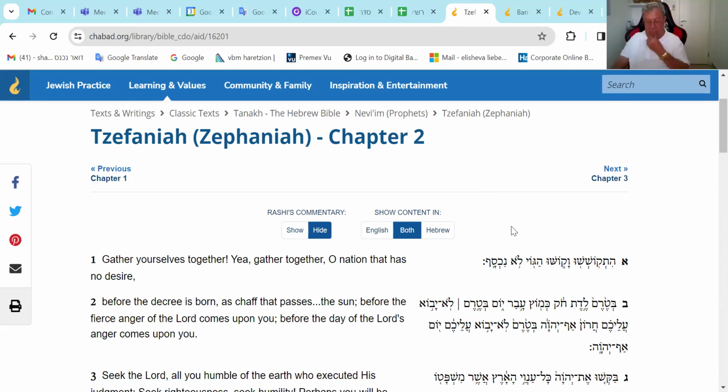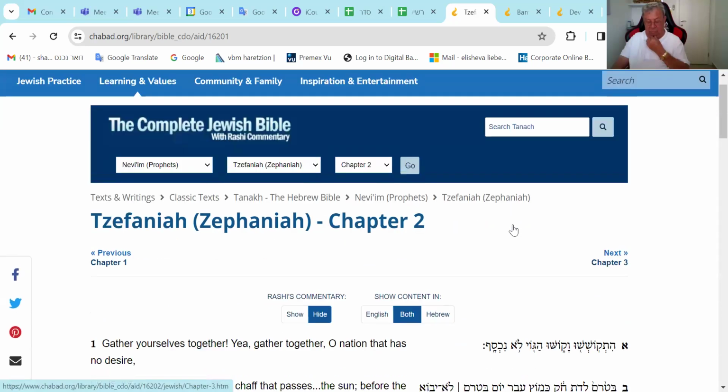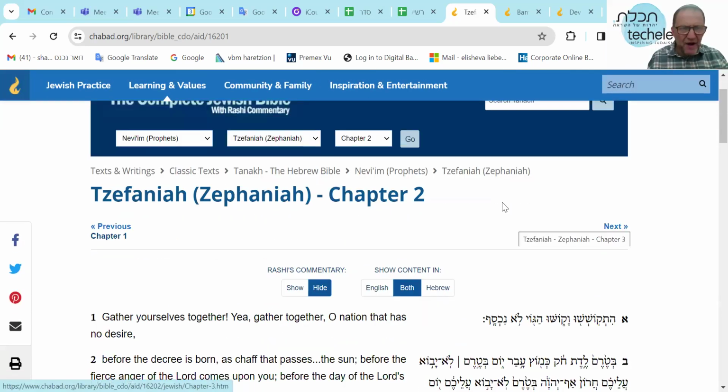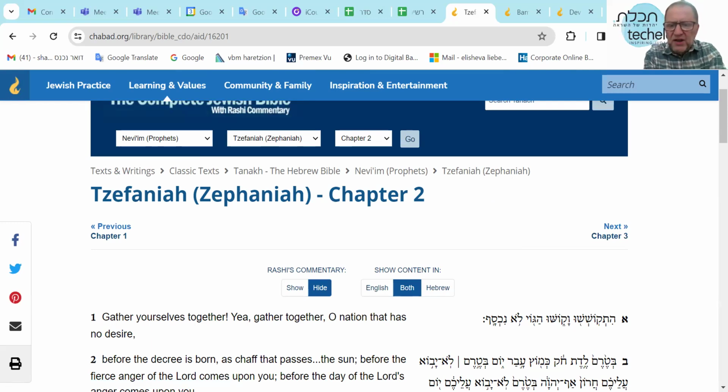And he says in the first verse of the second chapter of Zephania, "Hit kosheshu v'koshu hagoy lo nichsaf." It is translated here on the screen as "gather yourselves together.